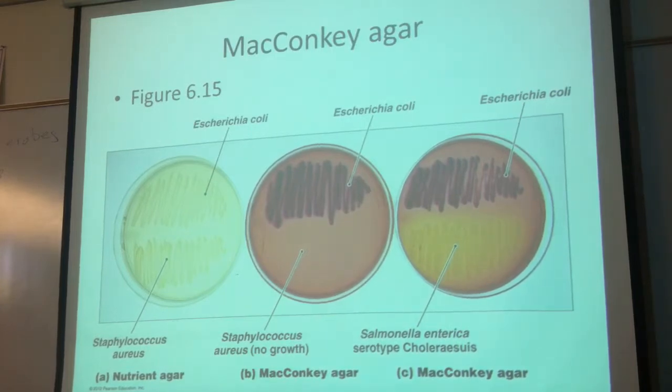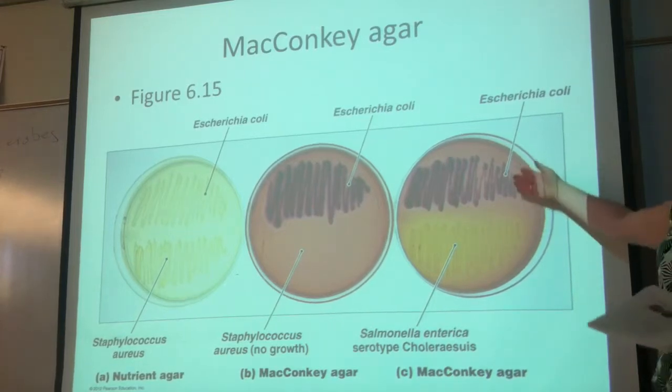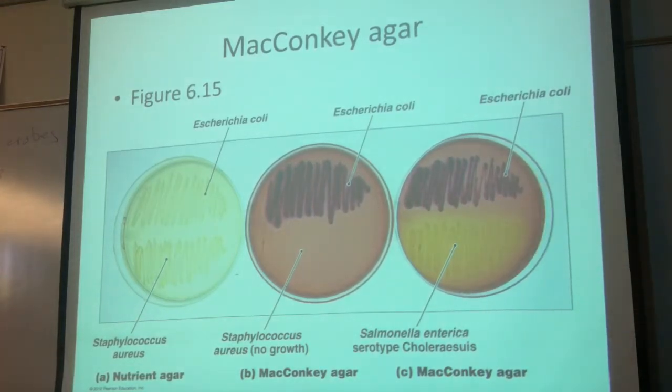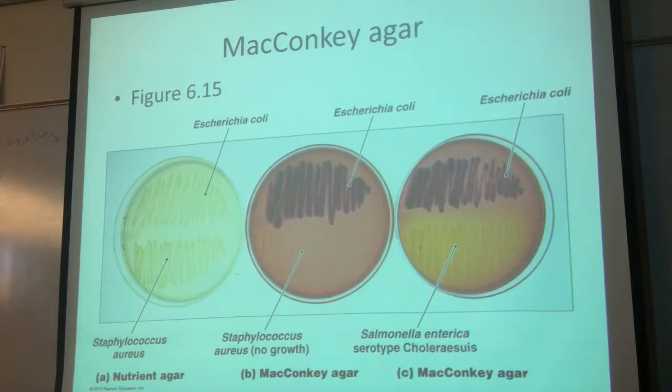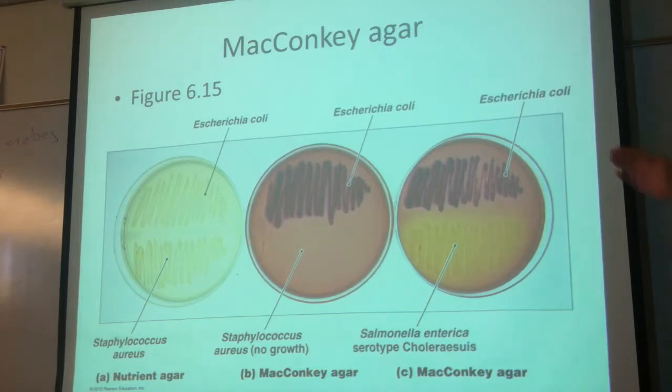Okay. A differential media. So here we have, you streak two different things, and you're trying to see a difference. And here is a great difference between E. coli and Salmonella. By streaking them onto this plate, you can very clearly see the difference, which you can't see in the nutrient agar.